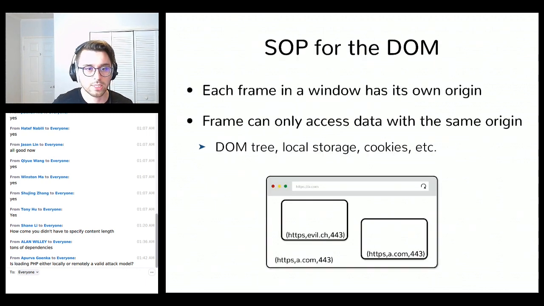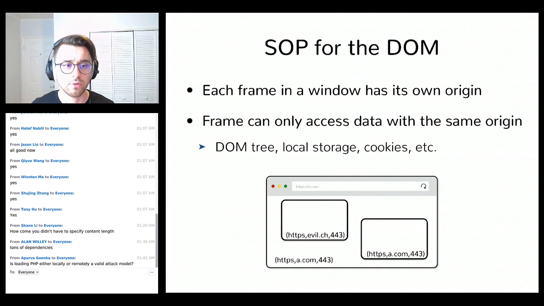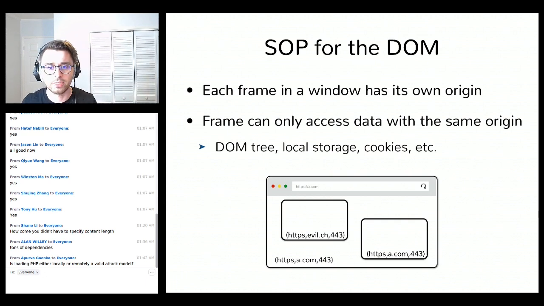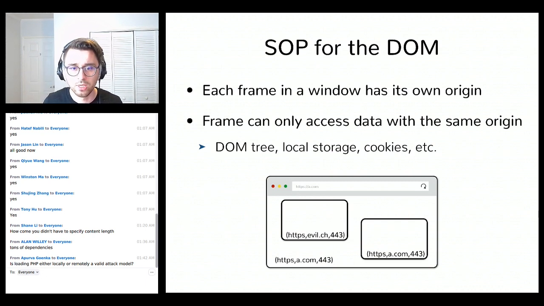Okay, so let's look at some of these examples. We're going to start with maybe one of the most important, which is the DOM, right? Each frame in a window has its own origin, and frames can only access data within the same origin. This includes the whole DOM tree, local storage, cookies, and so on and so forth.